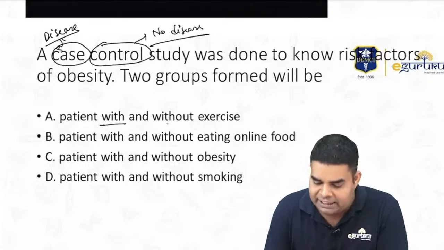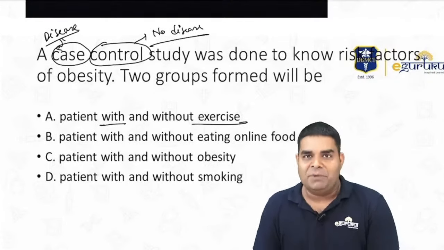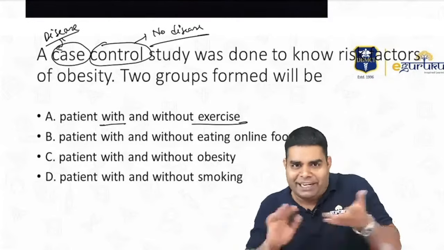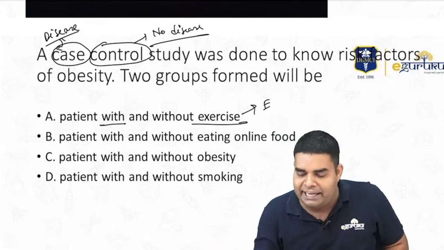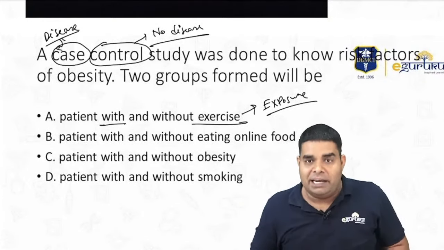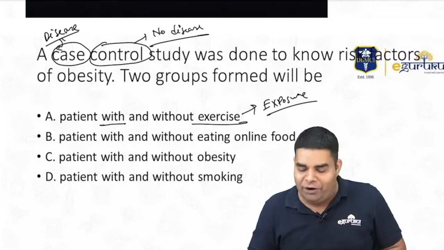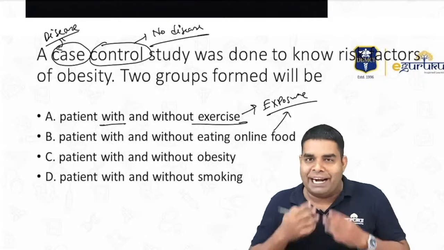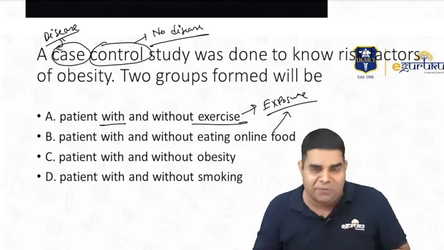Now, when I say exercise, no exercise, exercise is not a disease. Even if you are not doing it, it is not a disease. So exercise is an exposure. Similarly, eating outside food, not eating outside food, that is also exposure. Smoking, non-smoking, that is also exposure or risky behavior.